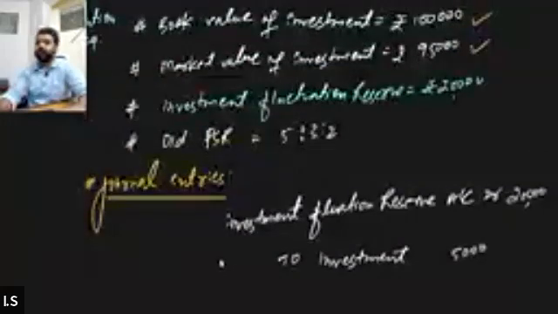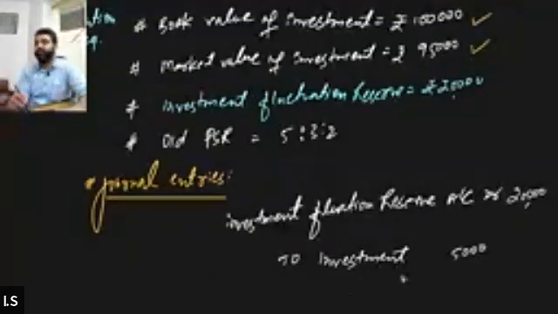Since the market value of the investment is declined from 1 lakh to 95,000, in order to reduce the value of the investment, we will be crediting the investment account. So the investment account will be credited by 5,000. Got it, everyone? 20,000 debit, and out of 20,000 we have adjusted 5,000 toward the decrease in the value of the investment.